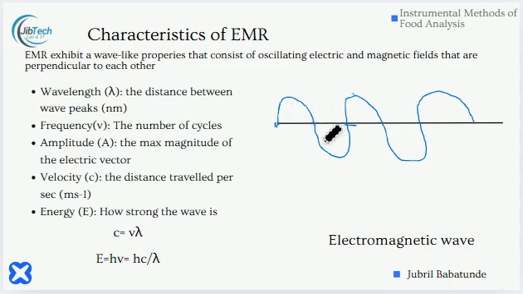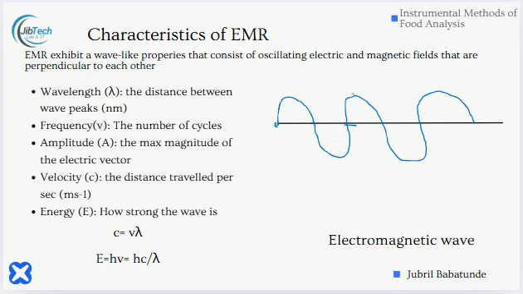So that is it about frequency: the number of cycles the wave is able to make in 1 second.